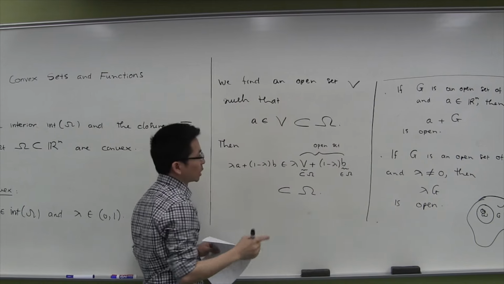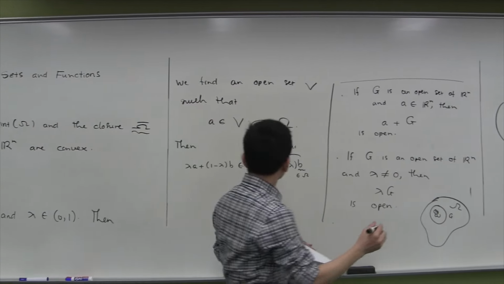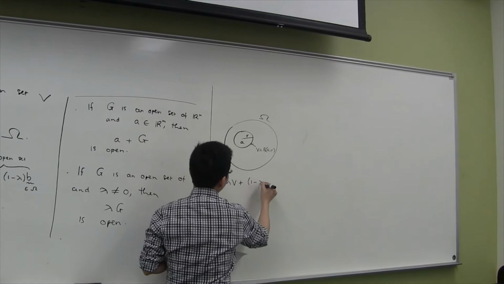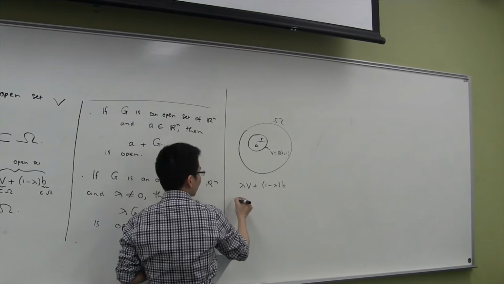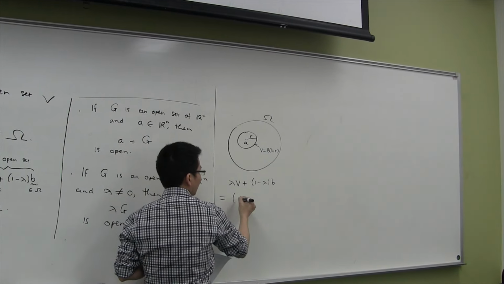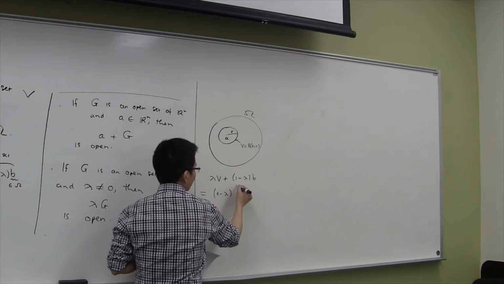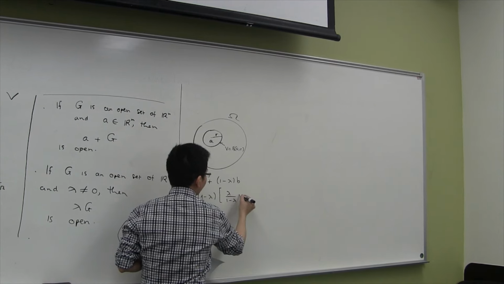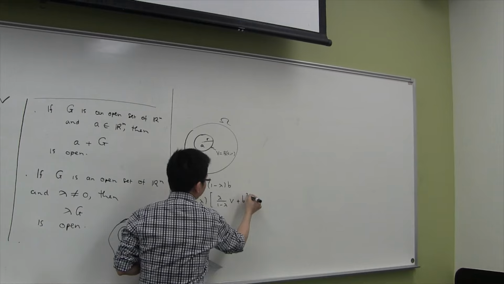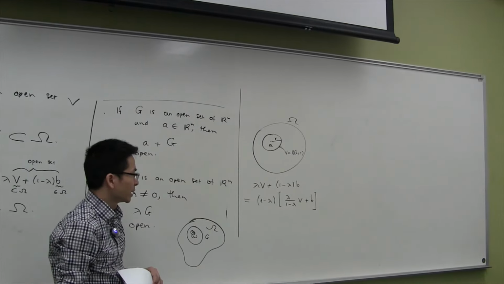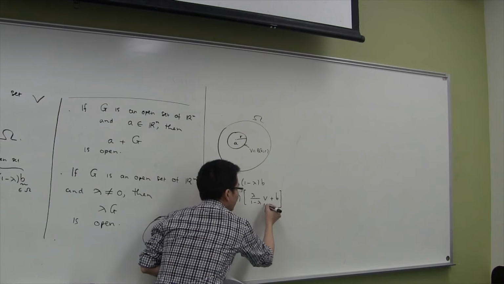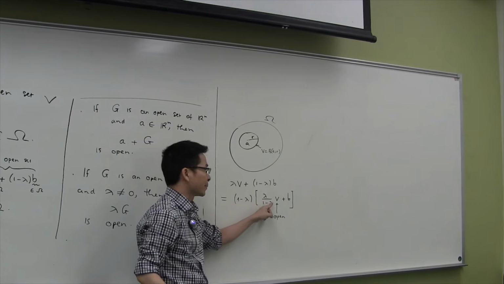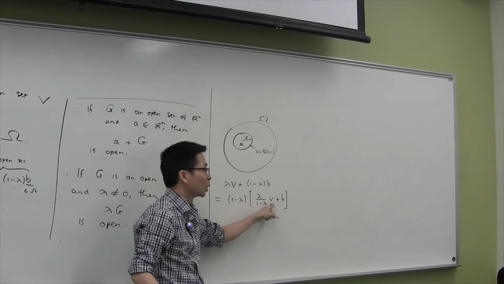How come this set is open? We see the following: lambda V plus 1 minus lambda B can be written as 1 minus lambda times lambda over 1 minus lambda V plus B. Because V is an open set, lambda over 1 minus lambda times V is also an open set.